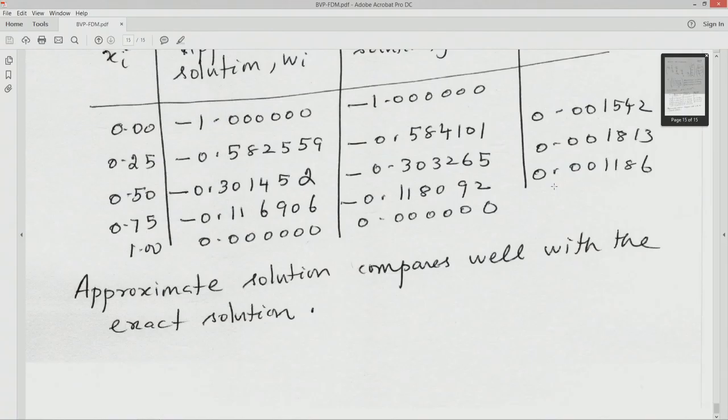So, we have discussed how to solve a linear boundary value problem subject to Dirichlet boundary conditions by using a finite difference method. The steps involved are such that we replace the derivatives by a finite difference approximation and arrive at a system of algebraic equations, and the solution of this system gives us the approximate solution at the interior points, which are obtained by dividing the interval into n equal subintervals.